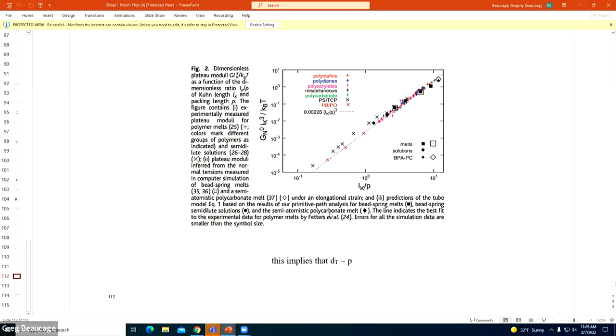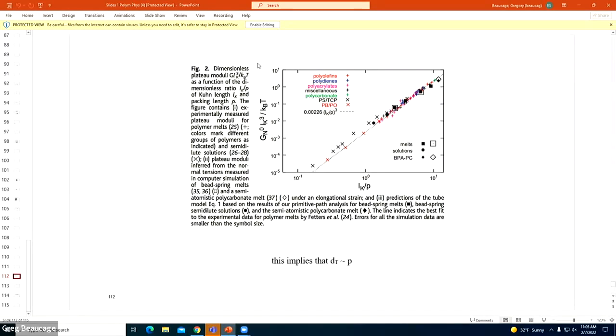This packing length becomes the governing number for everything. I'm mentioning it here because it's the same length: the Kuhn length, the packing length, the tube diameter. They're all the same size scale. You can measure the tube diameter, you can measure the Kuhn length.